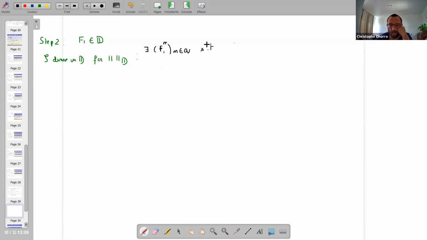So there exists F1n such that F1n converges toward F1 in L2 of omega, and such that D of F1n converges toward D of F1 in L2 of omega times capital T. Okay, so I have this.